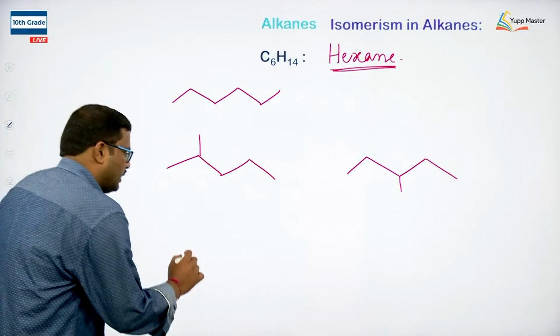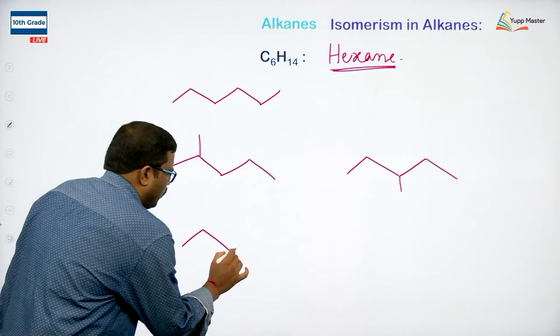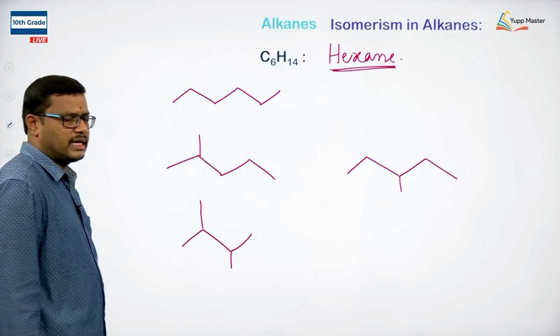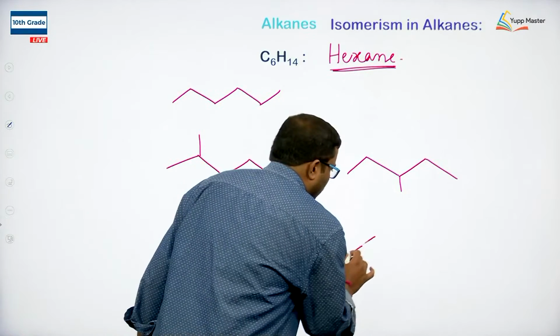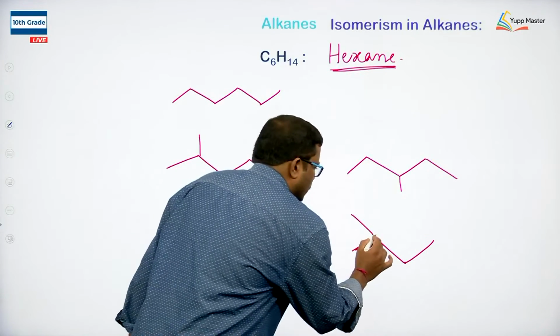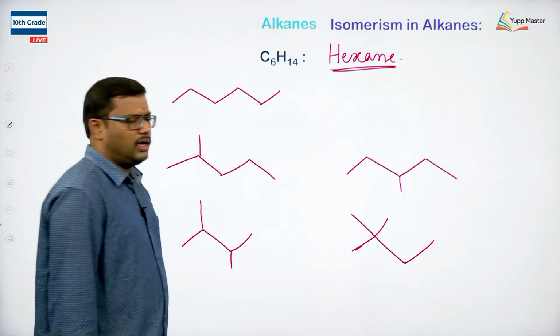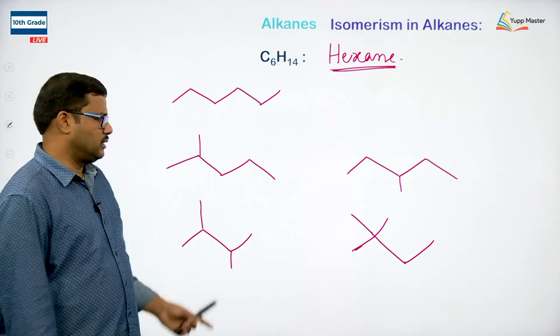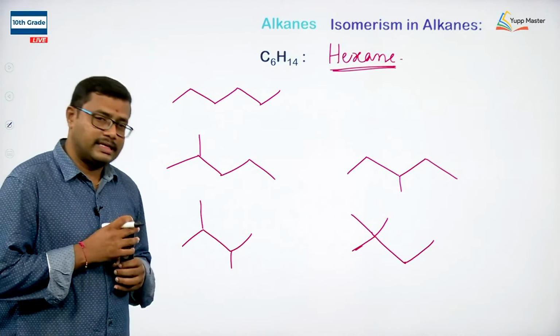Similarly, I can arrange 4 carbons in a straight chain with 2 substitutions at the second and third positions, or 4 carbons in a straight chain with 2 methyl substitutions at the same position. So a total of 5 isomers are possible in the case of hexane.